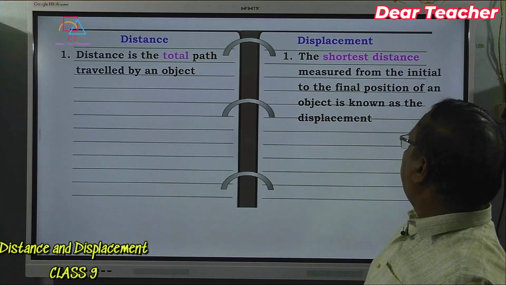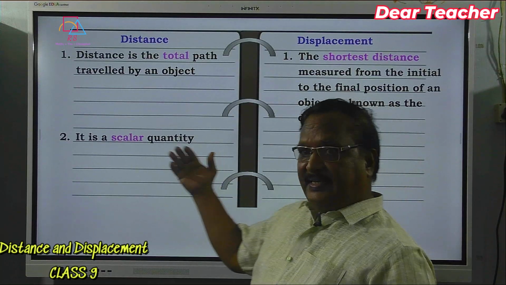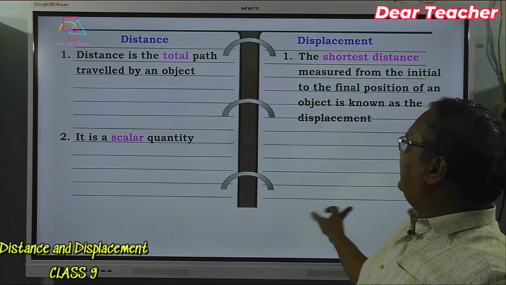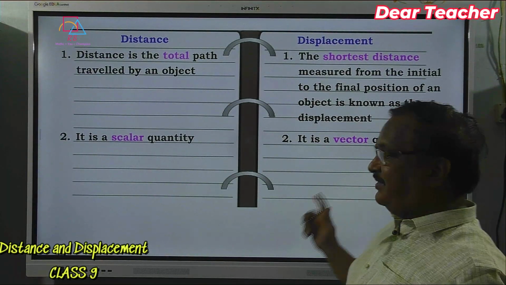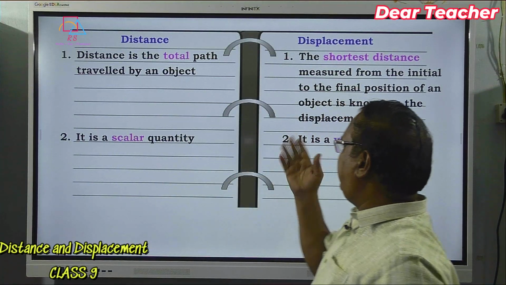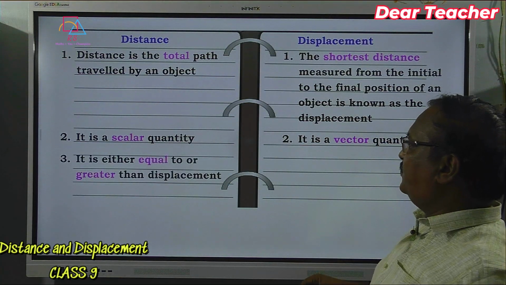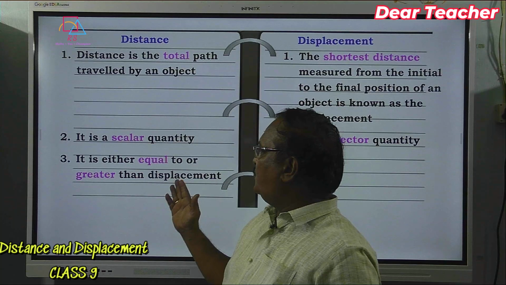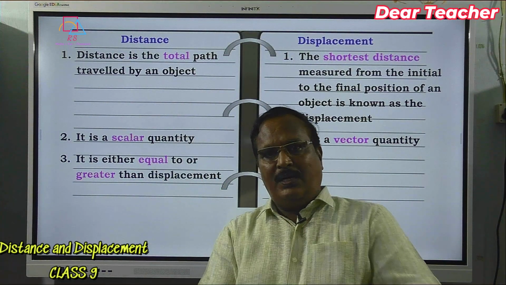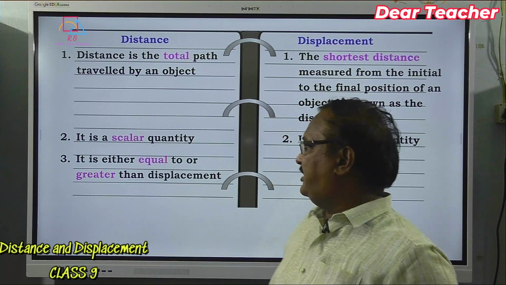Distance is a scalar quantity, displacement is a vector quantity, as I have given in the example of quantities, because it has a direction also. Distance is either equal to or greater than the displacement. Sometimes it may be equal and sometimes it will be more than the displacement.